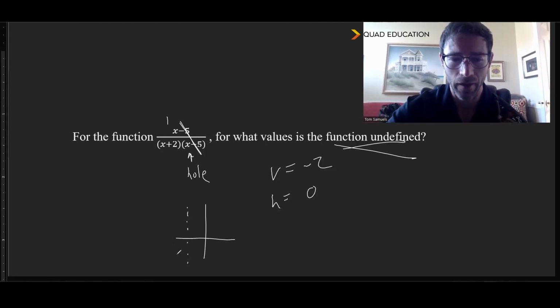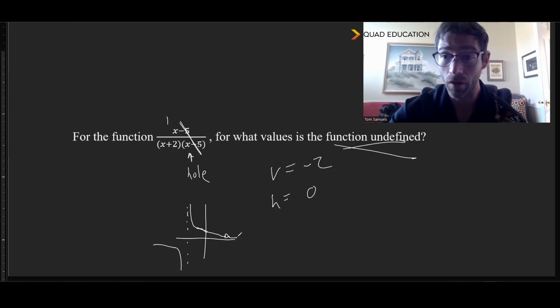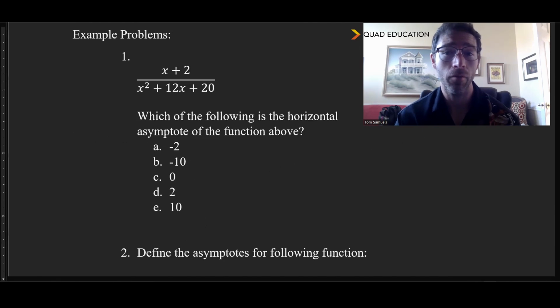So that's going to look like this. But then since we have a hole here at 5, this is going to be a little hole where it doesn't work. And in common diagrams, you'll just have a little circle in the middle of that line to indicate that a hole is at that point. Okay, as usual, we have 2 practice problems.